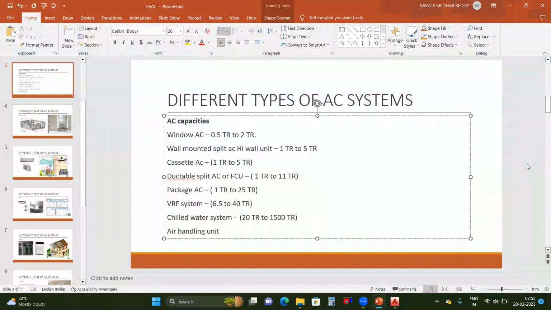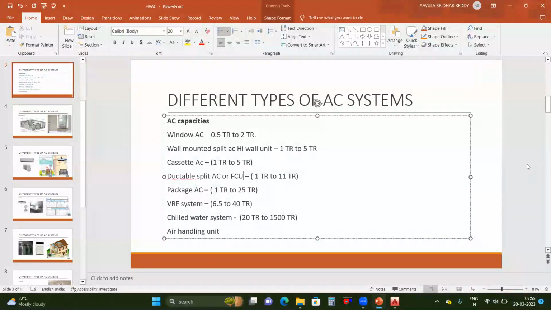So don't get confused. If it exceeds the 4 TR unit, they will call it a ductable split AC. Some manufacturers have different names. They also call it a high static fan coil unit, instead of ductable split AC.